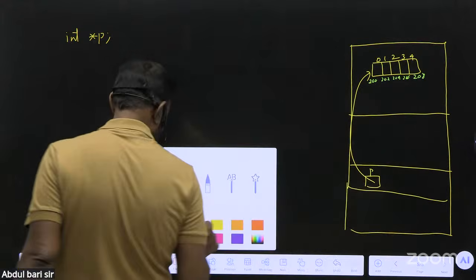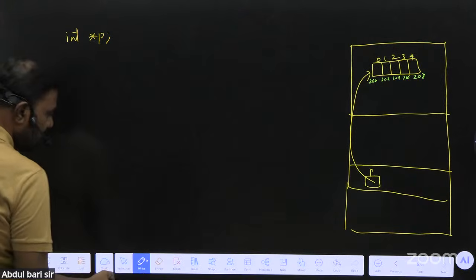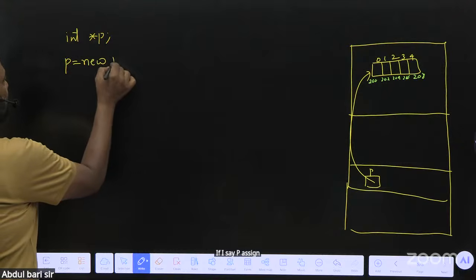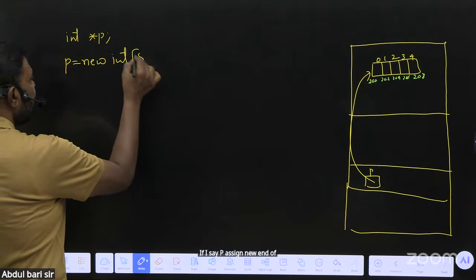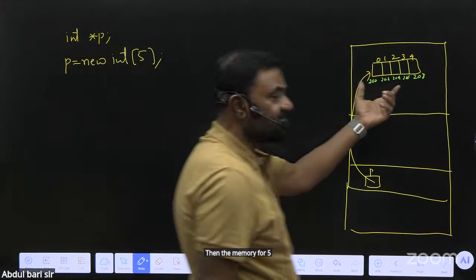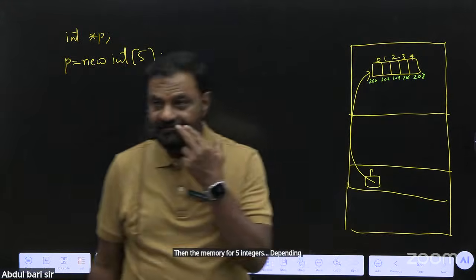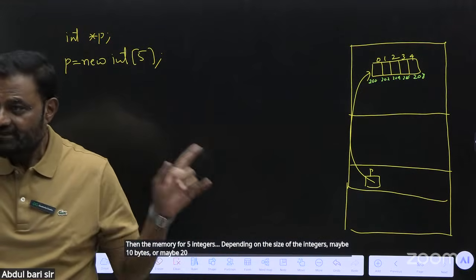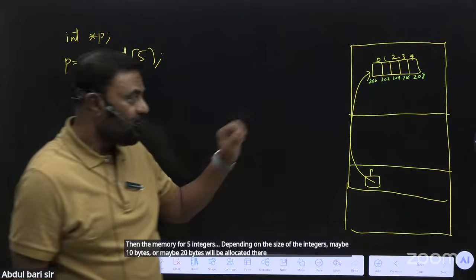If I say p assign new int of size 5, then the memory for 5 integers, depending on the size of the integers, maybe 10 bytes or maybe 20 bytes, will be allocated there. And p will be pointing to that.